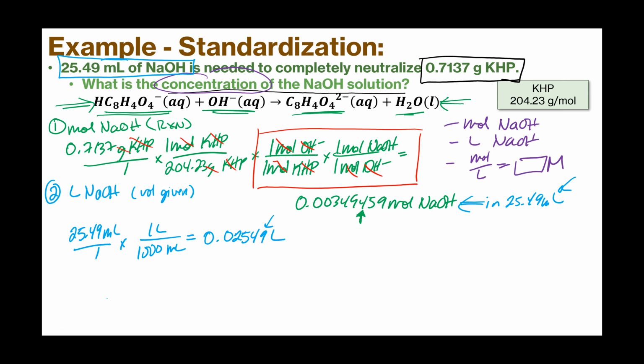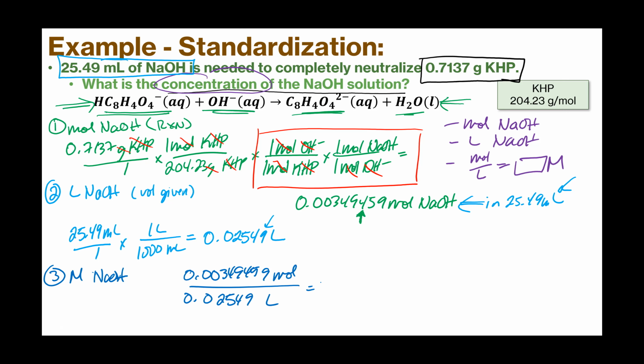Our last step then is going to be find the concentration. And so we'll take the moles we just found, 0.0034945 moles, and divided by the volume we have, 0.02549 liters. All right, there's our moles divided by 0.02549.